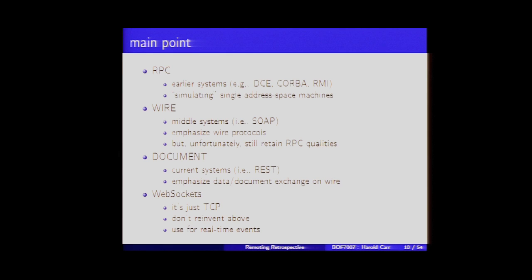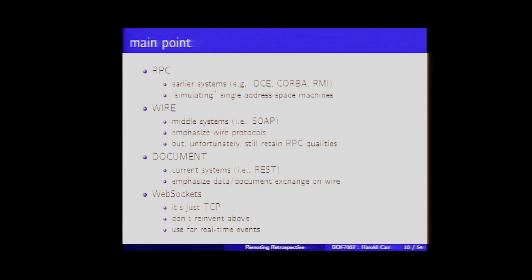It really concentrated on the wire protocols first, and it left it up to everybody else to figure out how you get stuff on and off the wire. But this is what it looks like on the wire, and that's really the important thing. And so that was a good thing. Unfortunately, there's some RPC bits still in there, and I'll go into more details on that.